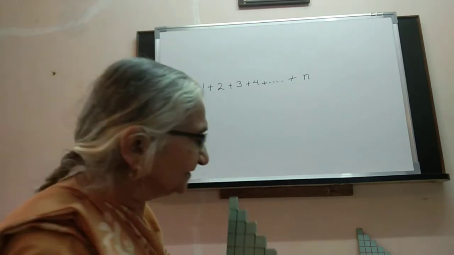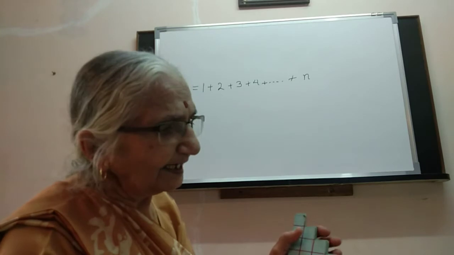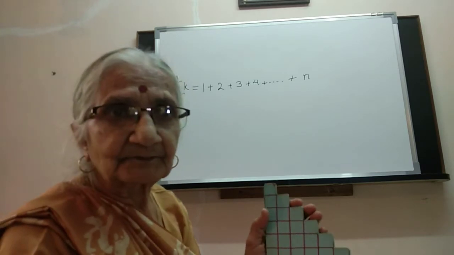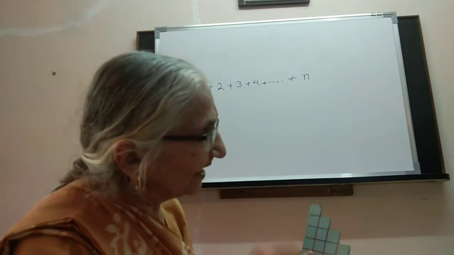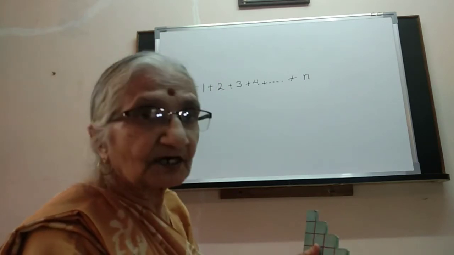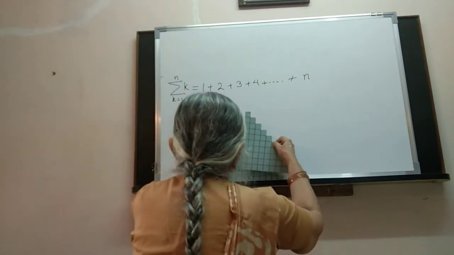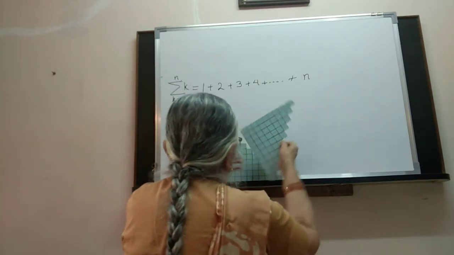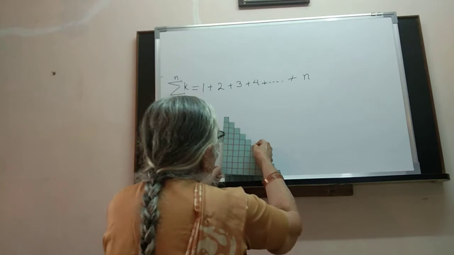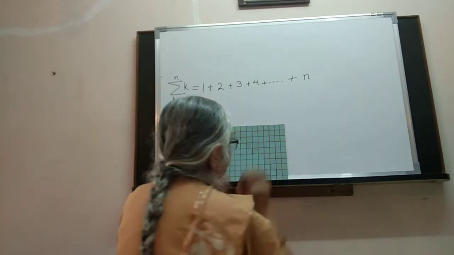For this purpose, we prepare another copy of it, exactly the same. This also has 1, 2, 3, all the way up to n. As you can see, it fits in all right. Now what we do is this. See, this was here. I turn it upside down and fit it in here.